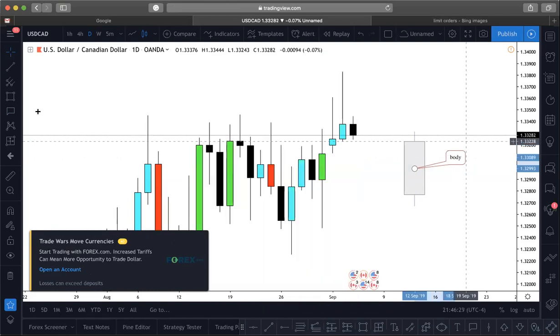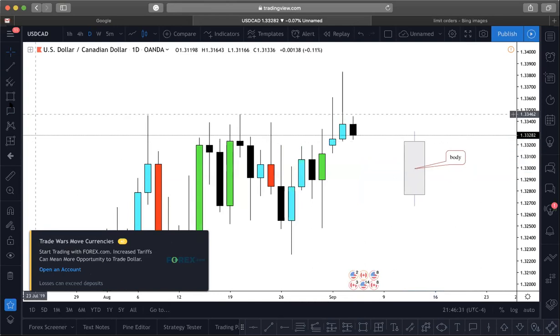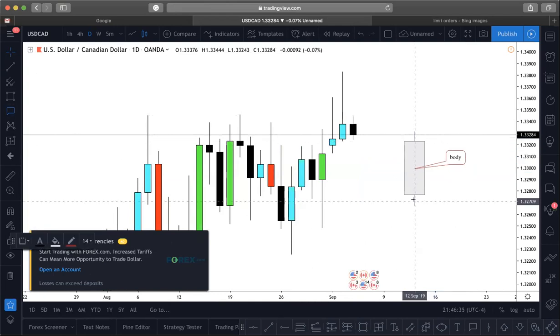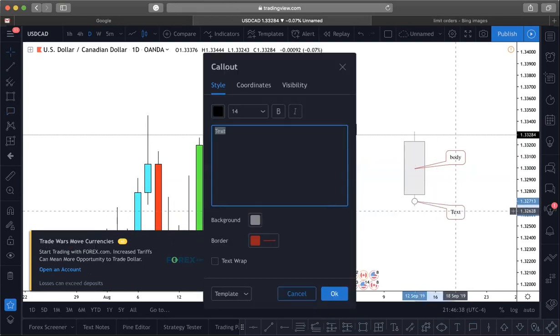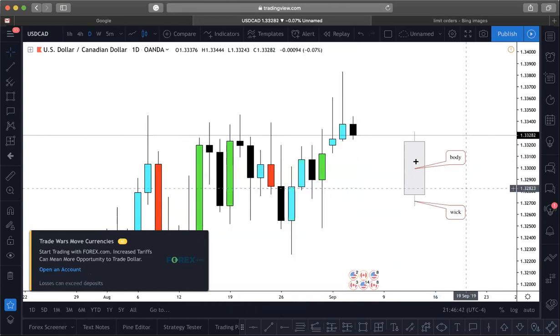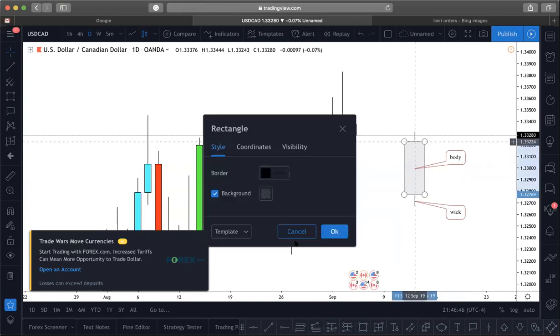The body, right? This is the wick. Let's say this candle was green, for example. I'll just put it green.